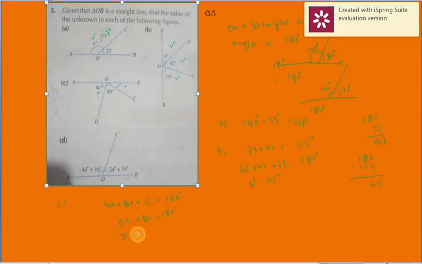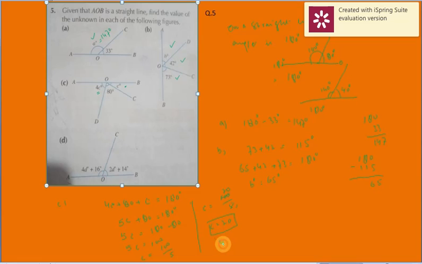So 5C is equal to 180 minus 80, so 5C becomes 100, and C becomes 100 divided by 5, so C must be 20.